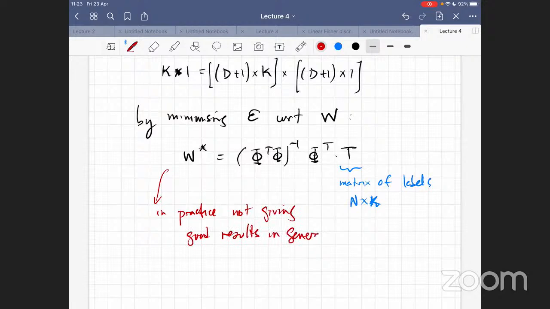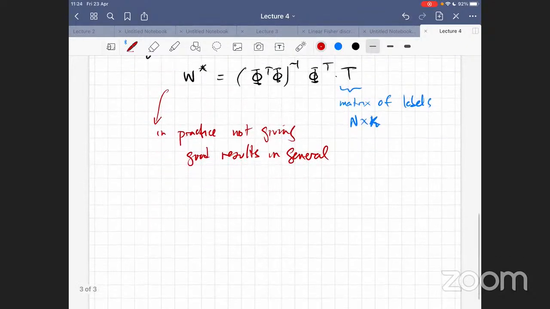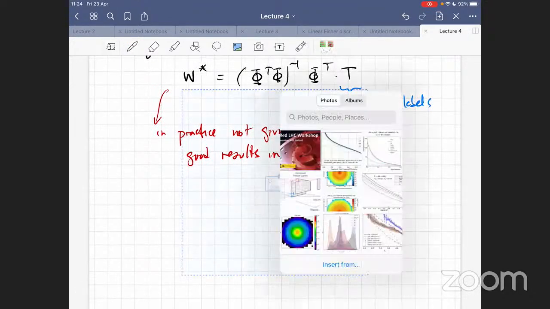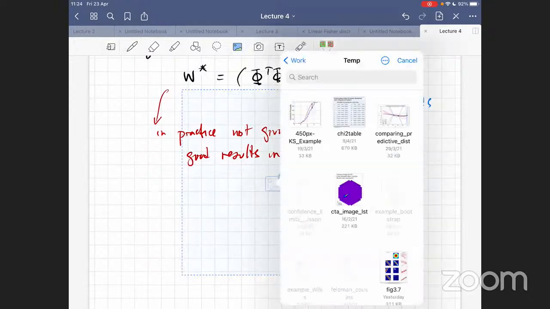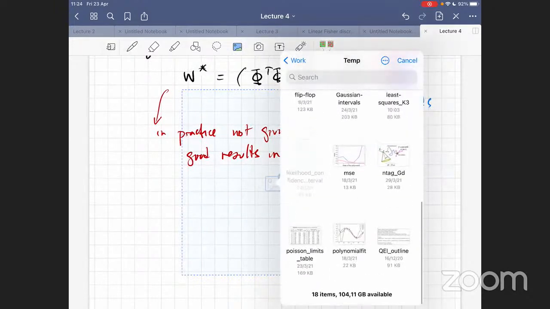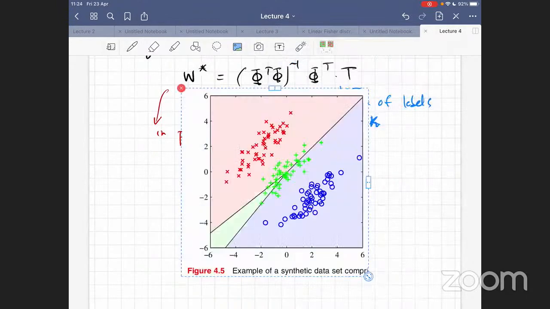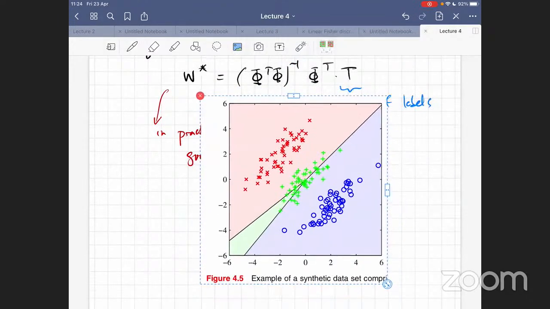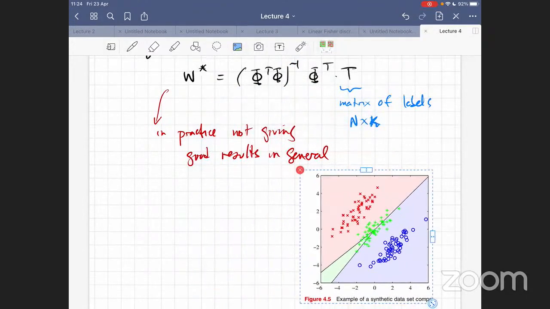It may happen that for a data set it works, but in general you have situations like this one. So let me share here an image.